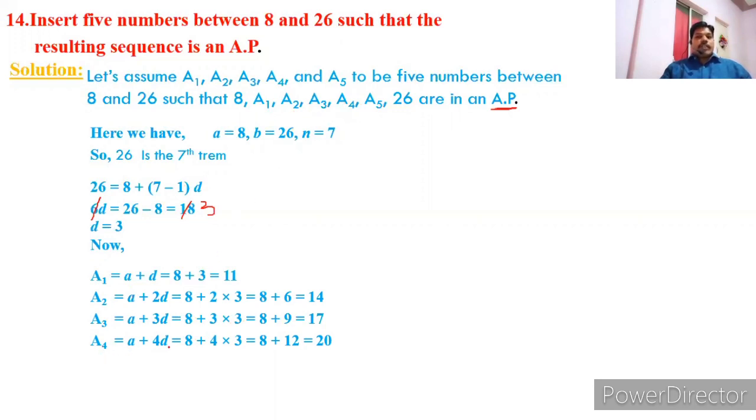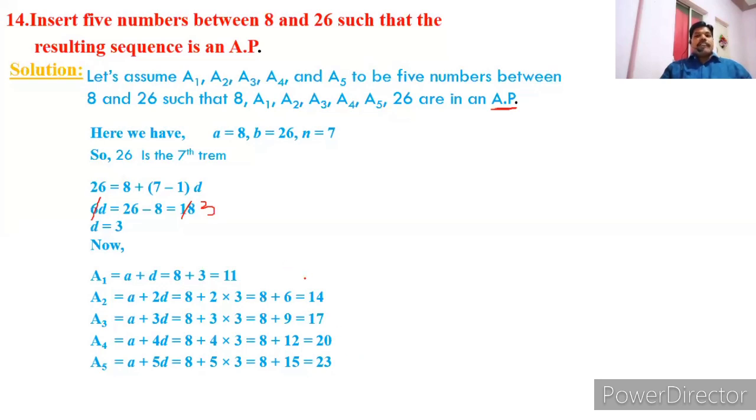So A4 is equal to A plus 4D. So 8 plus 4 into 3, that is equal to 8 plus 12, that is equal to 20. After that, A5 is the sixth term. Sixth term is nothing but A plus 5D. So 5 into 3 plus 8, so it will become 8 plus 15, that is equal to 23.